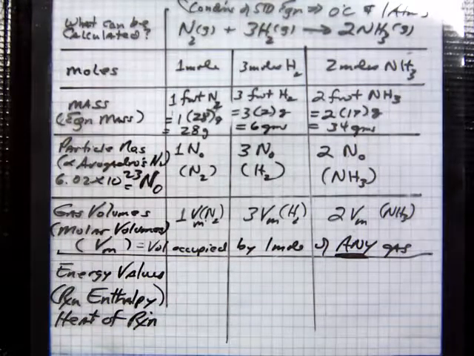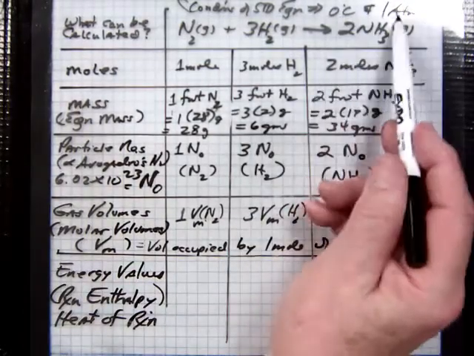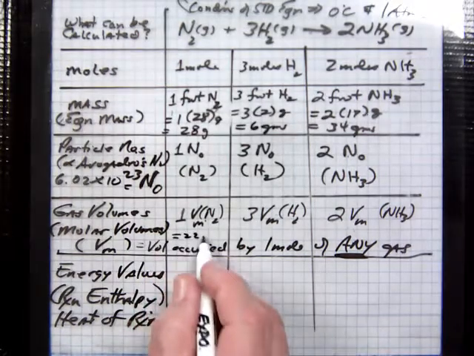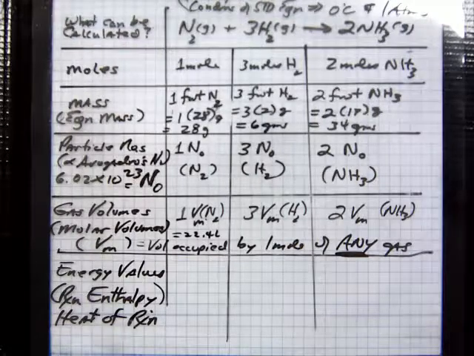If all the equations are under standard conditions, of course they have gas in them somewhere, and that's assumed to be 0 degrees and 1 atmosphere, then you can say that is 22.4 liters of nitrogen. Now if it's not 0 degrees, you can't do that. Everybody good on that? It's very important.